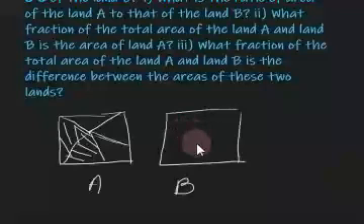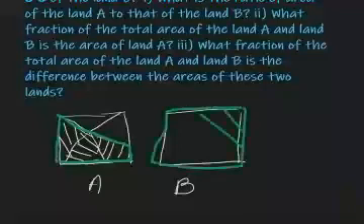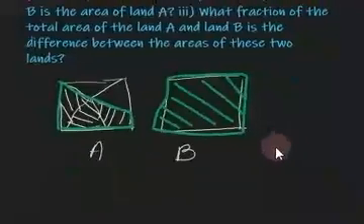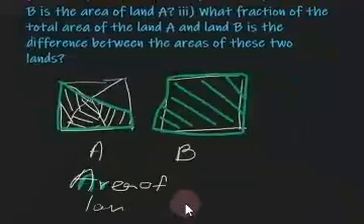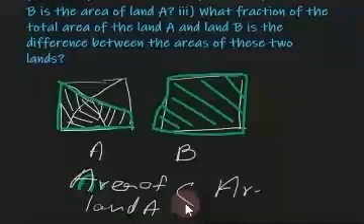This colored area represents the area of land A, and this one is the area of land B. So it is obvious that the area of land A is less than the area of land B.